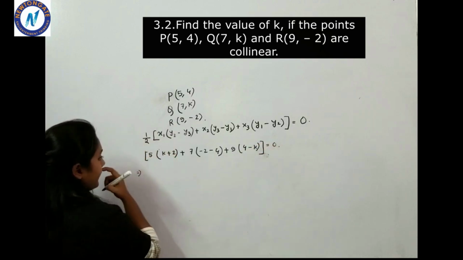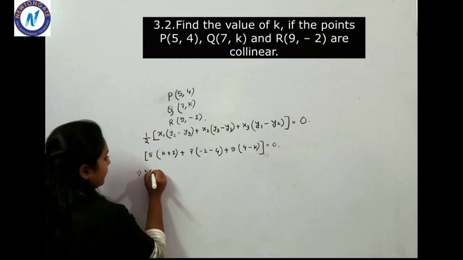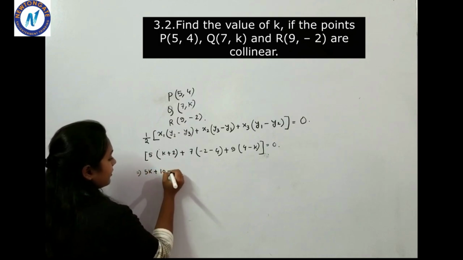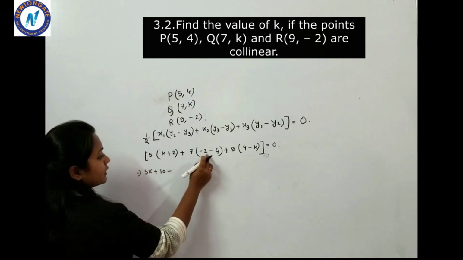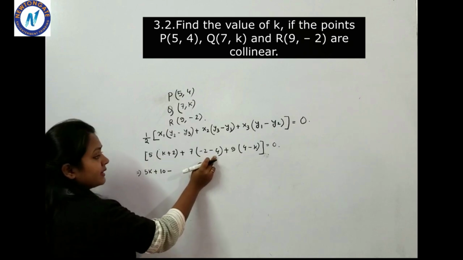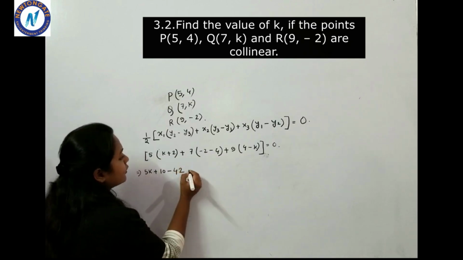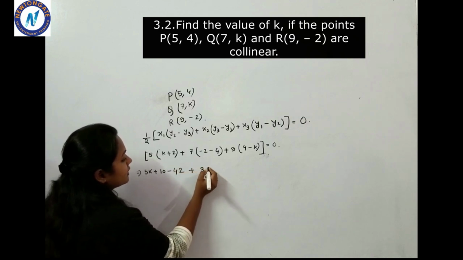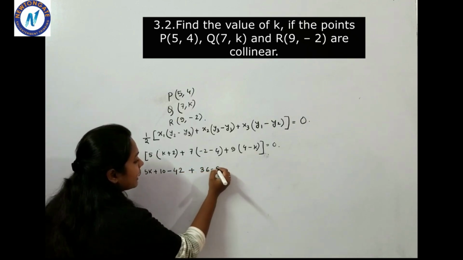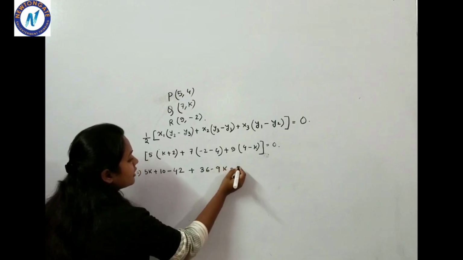Then 5k plus 10, minus 2 minus 4, that gives minus 6. Minus 6 7s are 42. Minus 42 plus 9 4s are 36 minus 9k equals 0.